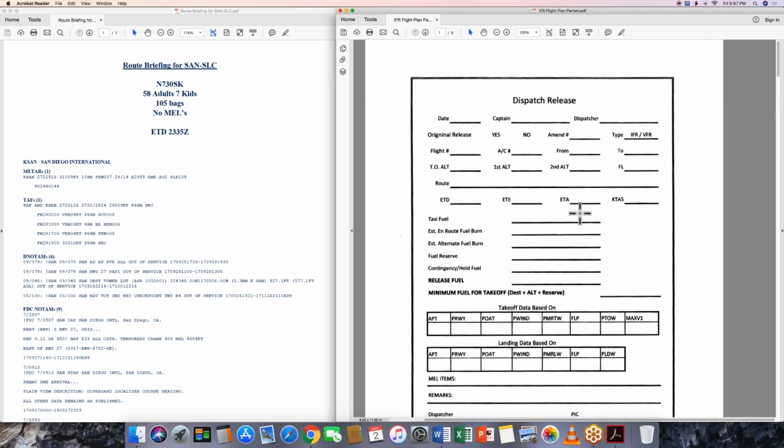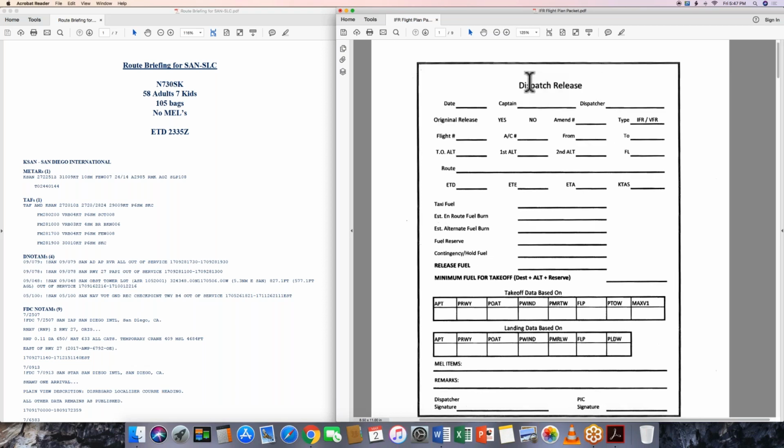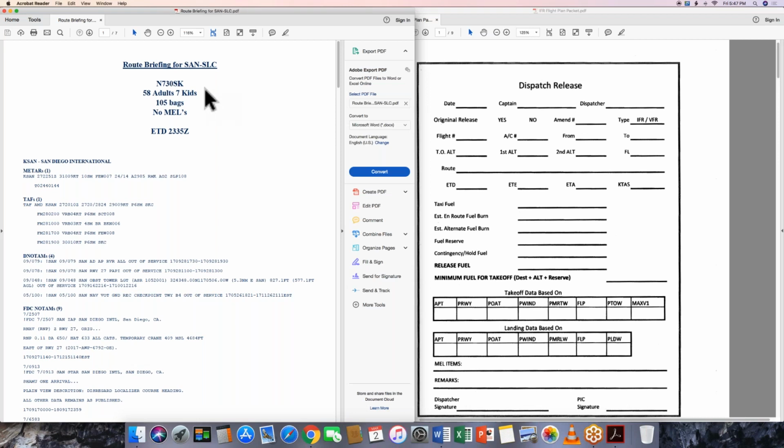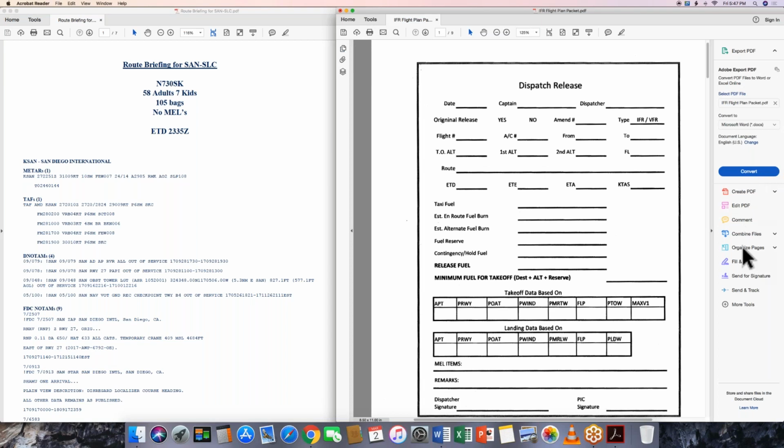But anyways, the first thing that I do is I come over to the briefing guide and I transfer some of the information from the briefing guide over onto this sheet.